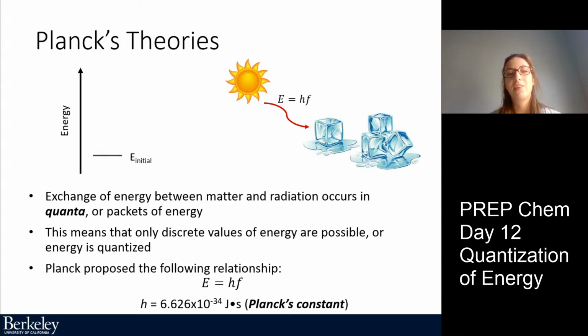Then we can ask ourselves, what happens to the energy of the ice when it has been exposed to the sun? The energy would go up to some final state, but the difference between the initial and the final state has to occur in integral values given by Planck's constant times the frequency of the light. Hopefully that example helps clarify what we mean by quantization of energy. We're really saying that you can't have just any value of energy. There are only a few possible states that can ever exist.